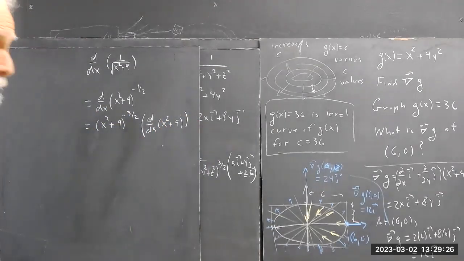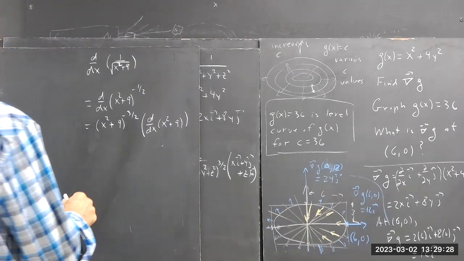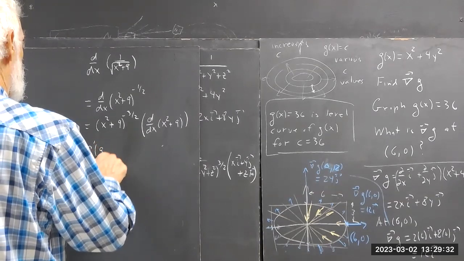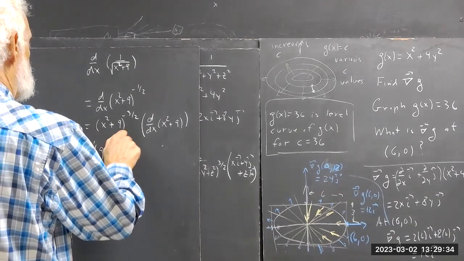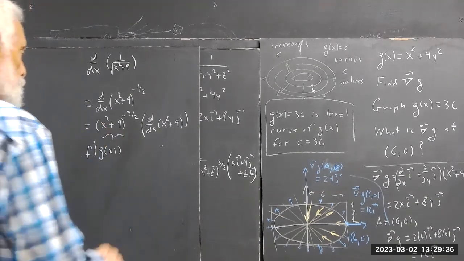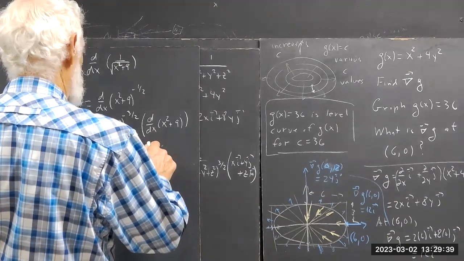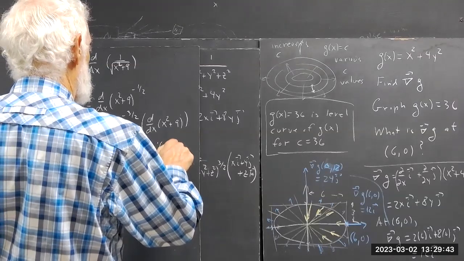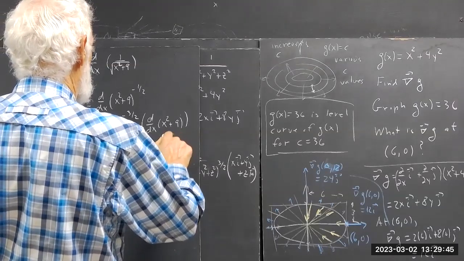This is f prime of g of x, and this is your g prime of x.